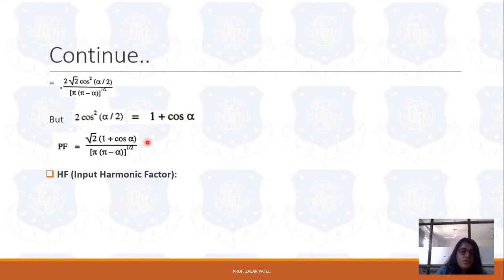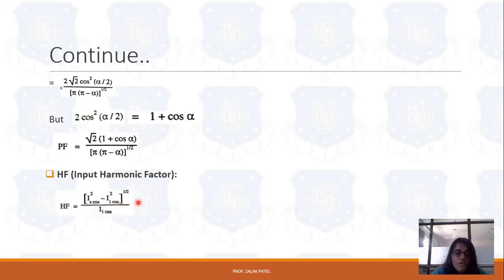Next is about the input harmonic factor. Input harmonic factor is the ratio of the harmonic components of current to the fundamental value of supply current. So this is the harmonic component from Is RMS, meaning supply current, minus the fundamental value of that current component, divided by the fundamental value of the current component.